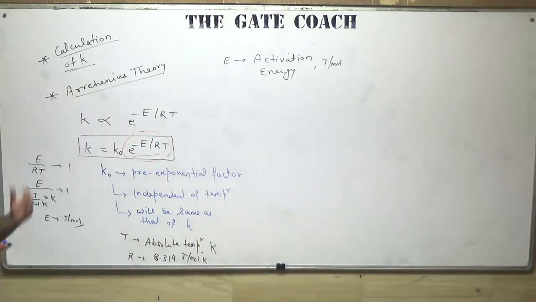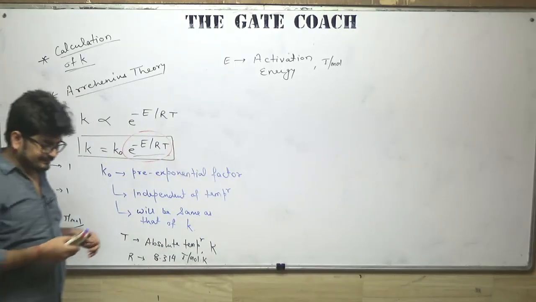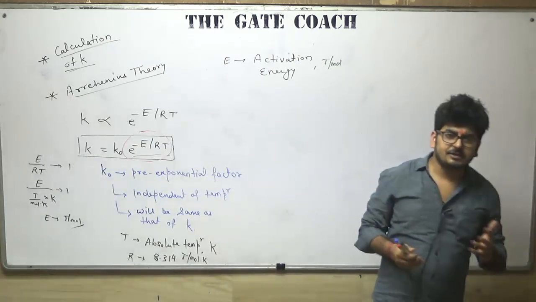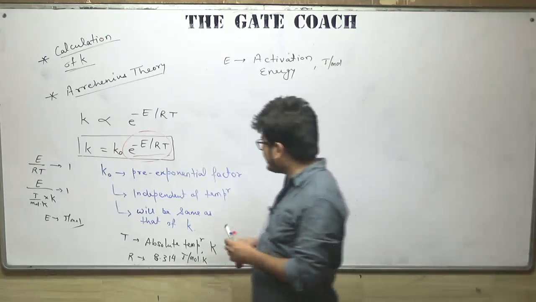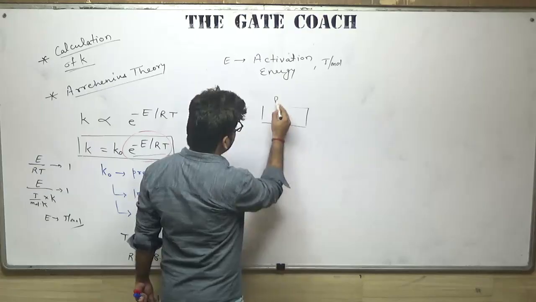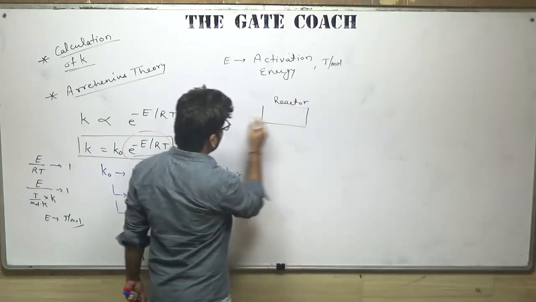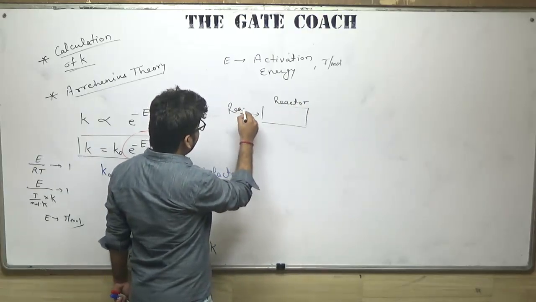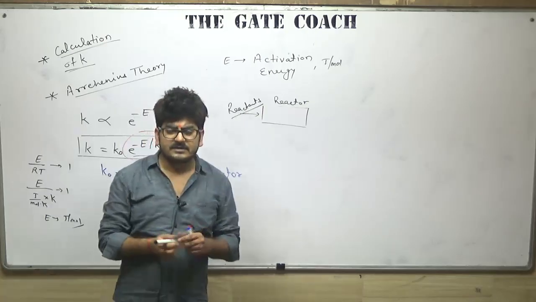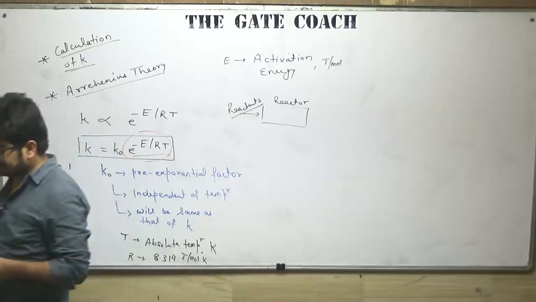Okay. Now what is Arrhenius theory? Arrhenius theory suggests that suppose we have any container or a reactor, we feed n number of reactants in the reactor under certain reaction conditions.